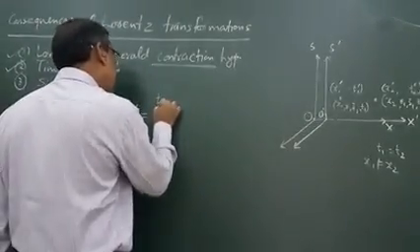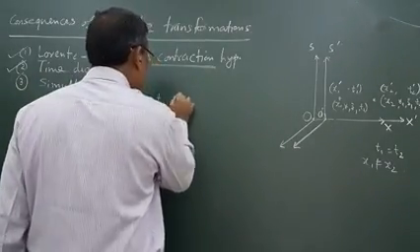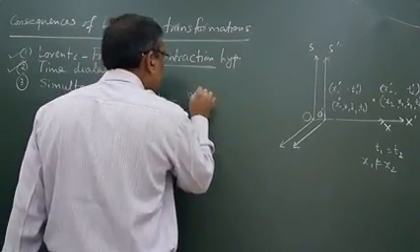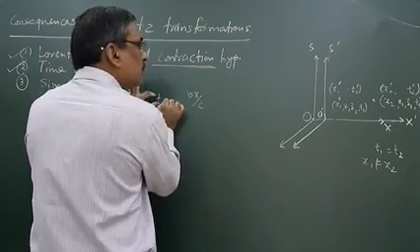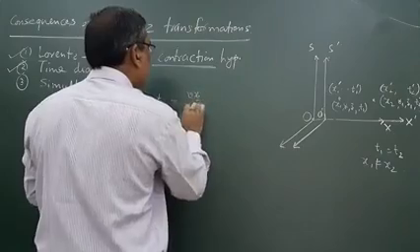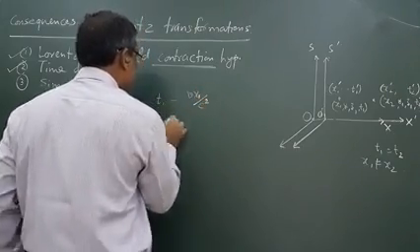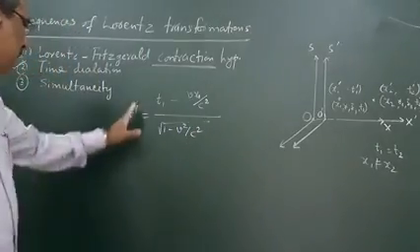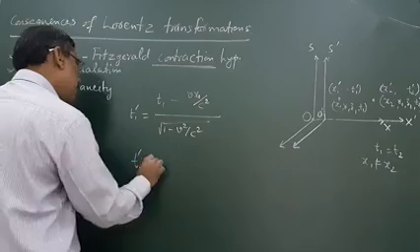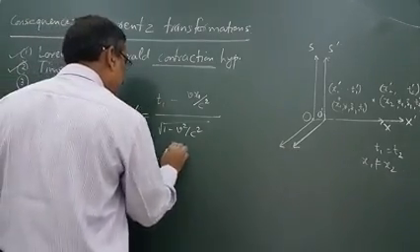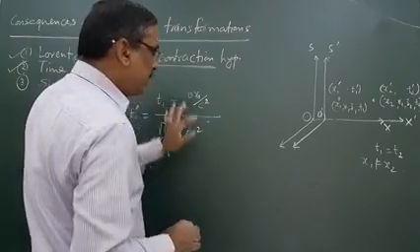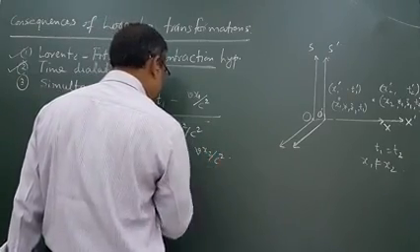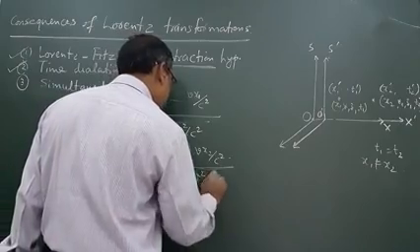Let us say t1 dash will be equal to t1 minus Vx1 upon C square, upon under root 1 minus V square upon C square, and t2 dash will be equal to t2 minus Vx2 upon C square, upon under root 1 minus V square upon C square.